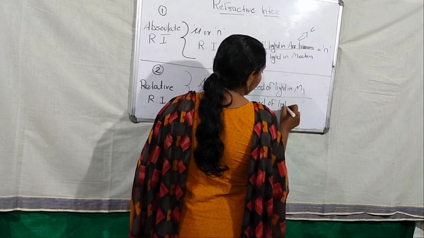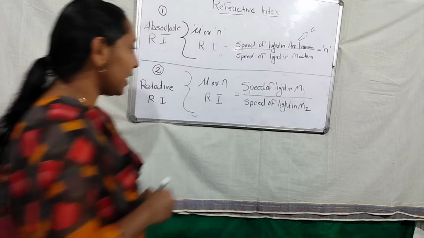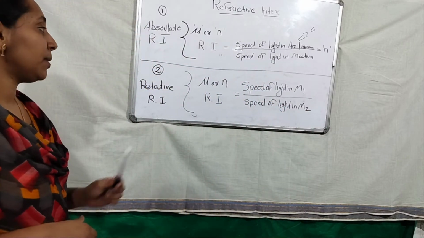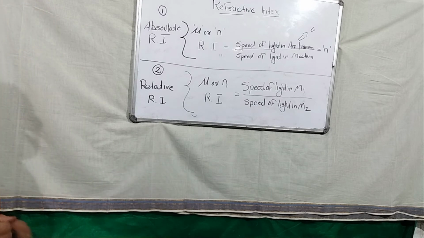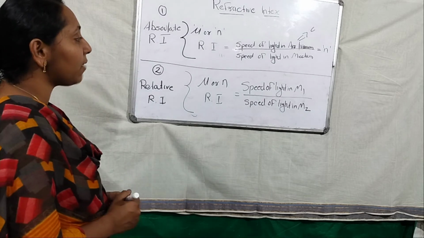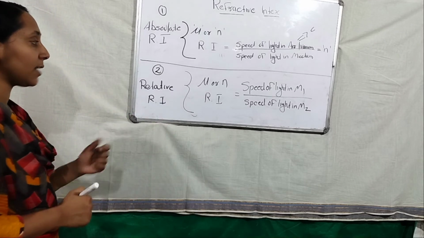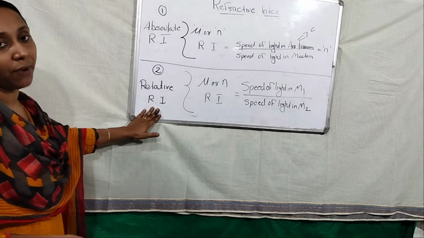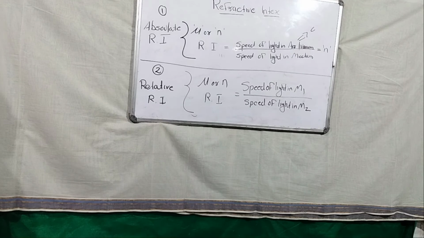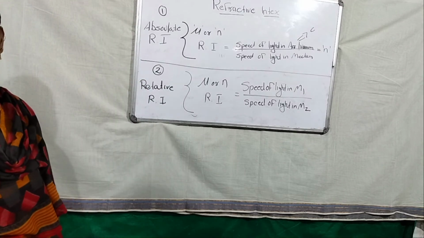This is called relative refractive index. It relates the first medium and the second medium, and that's the reason it is called relative refractive index. So there are two types, absolute refractive index and relative refractive index.